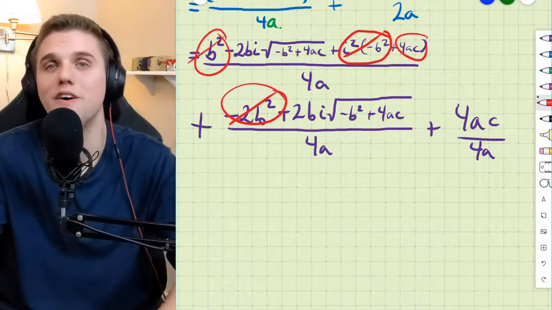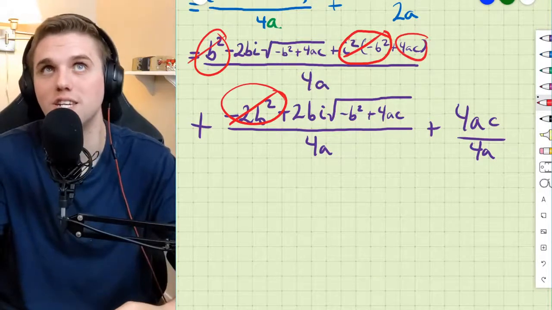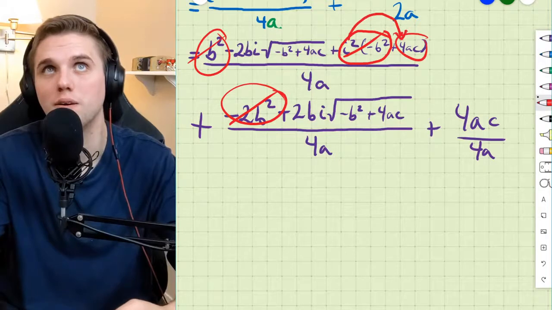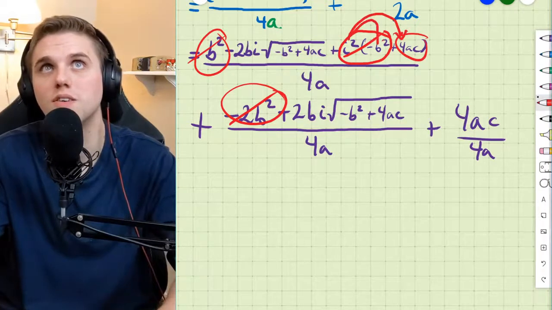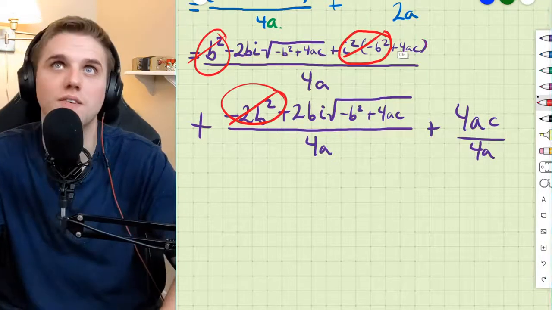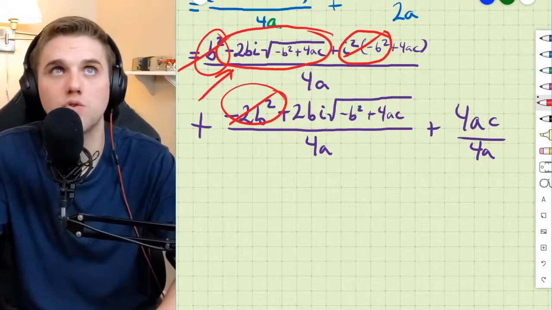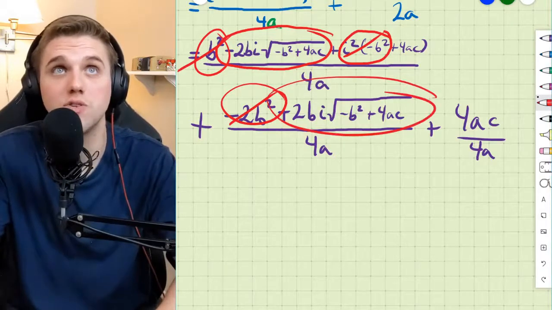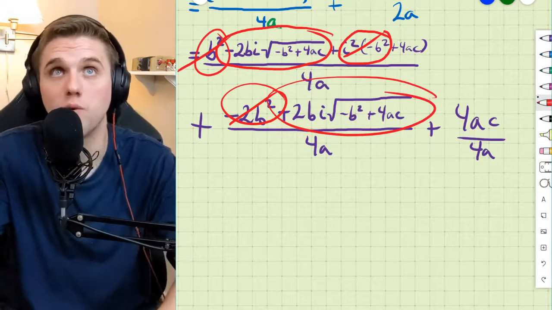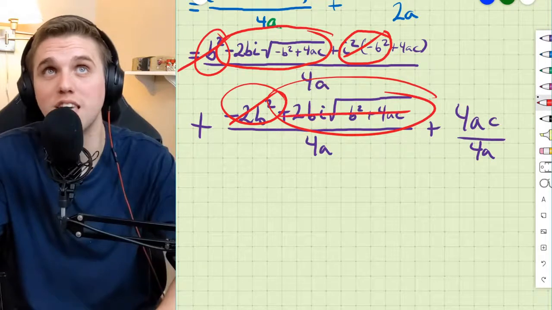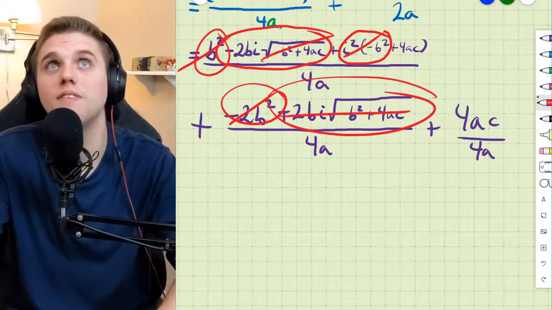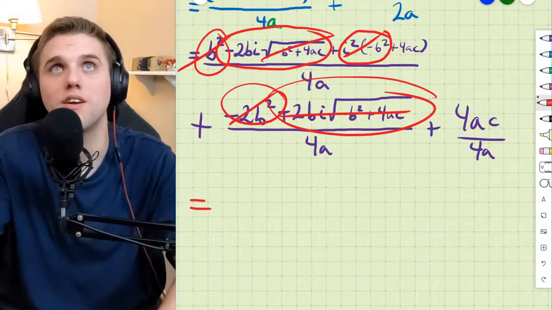Here I have I squared times 4ac. Don't forget the distributive property applies to both of these objects. We'll get to that though. Here I have negative 2bi square root of negative b squared plus 4ac. And here I have positive 2bi times the square root of negative b squared plus 4ac. They cancel.